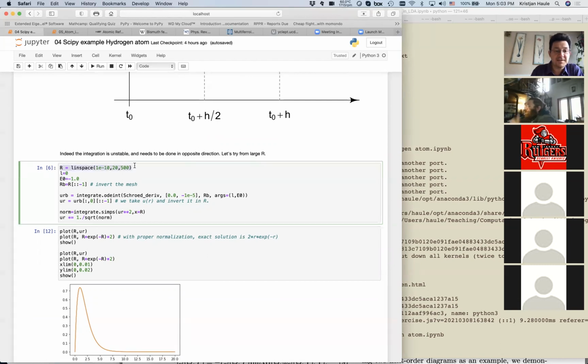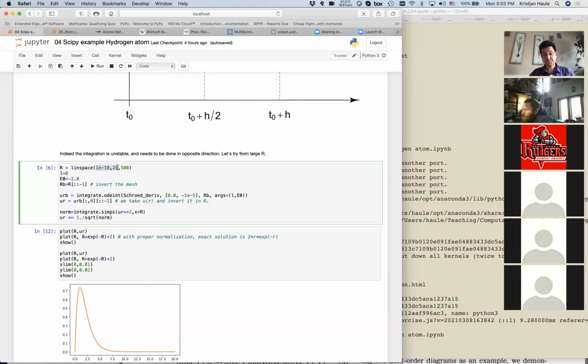So we're going to take still the linear mesh from some very small value. Again, it shouldn't be exactly zero, because when the value is exactly zero, we have 0 divided by 0. We should avoid that. Then we go to, let's say, r equal 20.